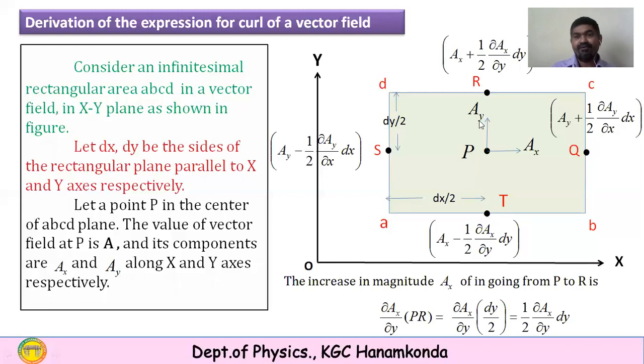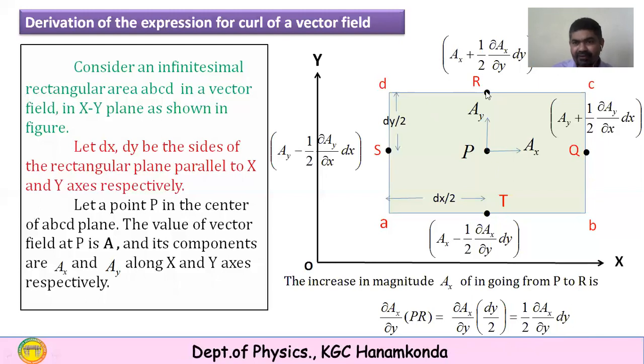But here, what is the net value at R and what is the net value at T? The net value of A at R is given by: already Ax is there, and the increment is ∂Ax/∂y into dy by 2. Therefore, 1 by 2 into ∂Ax/∂y into dy is the increment.